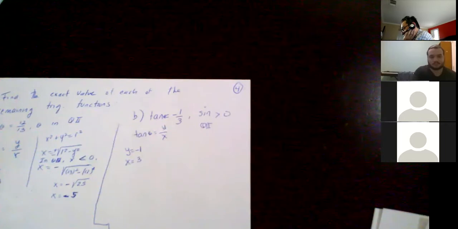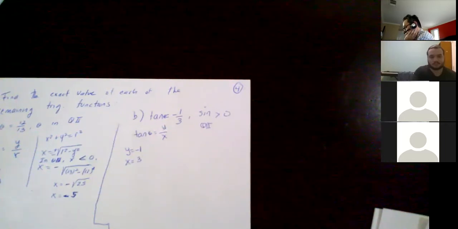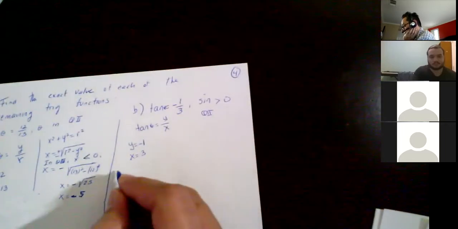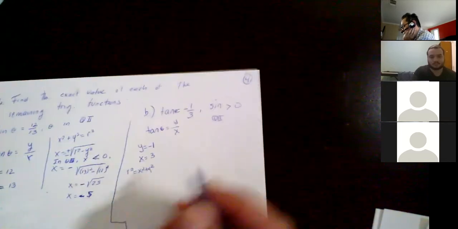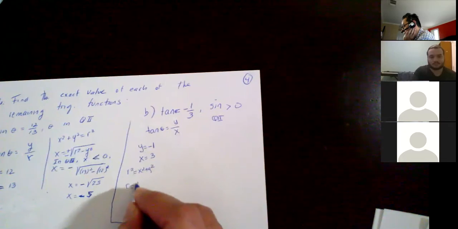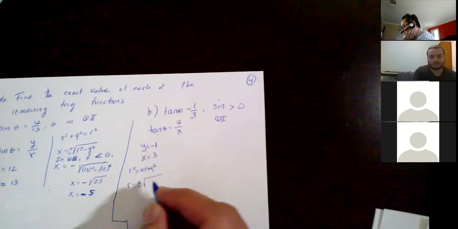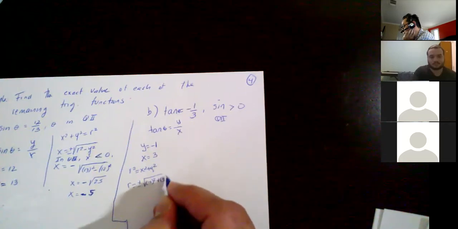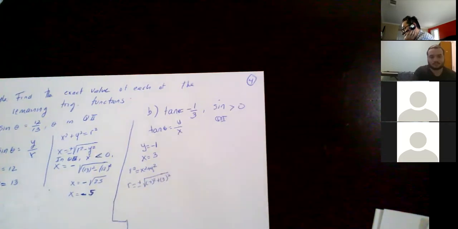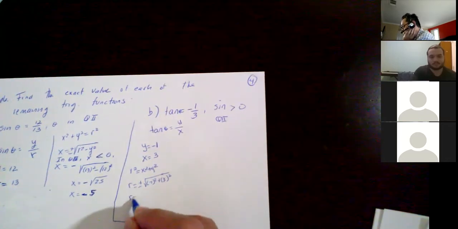So, to find the value of r, we know that r squared is equal to x squared plus y squared. So r is equal to plus or minus the square root of negative 1 squared plus 3 squared, which is r.